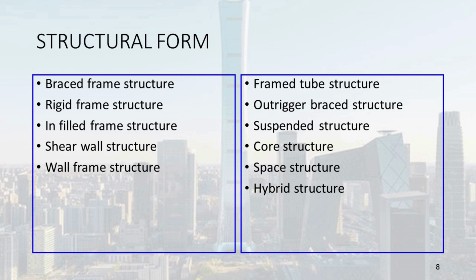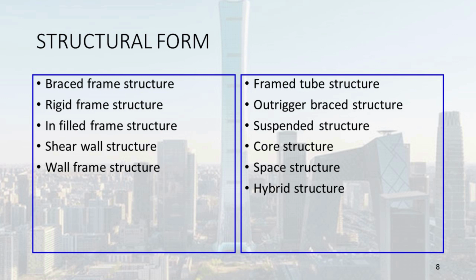In general, there are 11 different structural forms that can be proposed in designing tall buildings. Bear in mind, at times, if a new concept of tall building design is proposed by the architect, there will be other possibilities of structural form introduced. Listed here are the common structural forms of tall buildings currently being used.